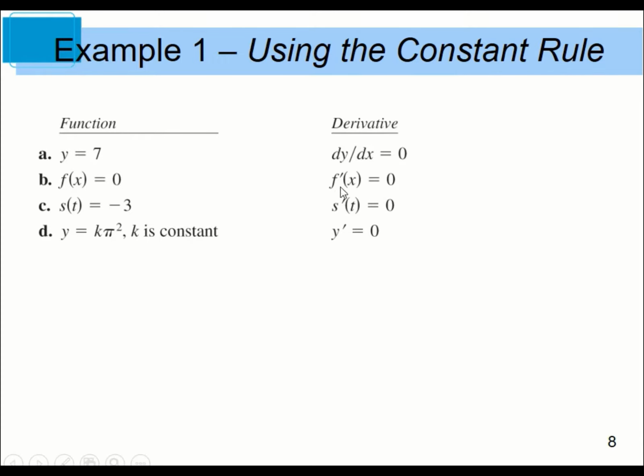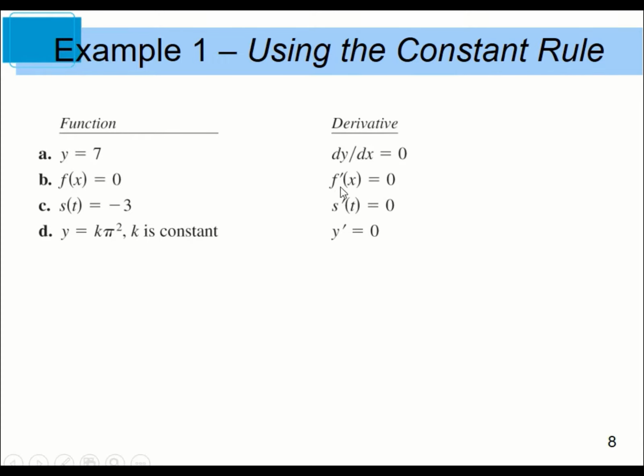For c and d, as we can see, there is no x appearing in the function. Therefore, when we differentiate, we always get 0. So this is about the constant rule.